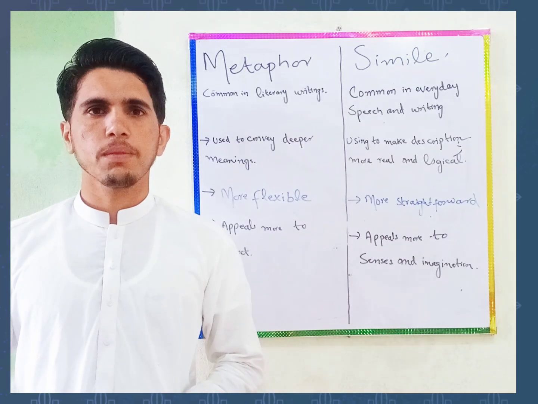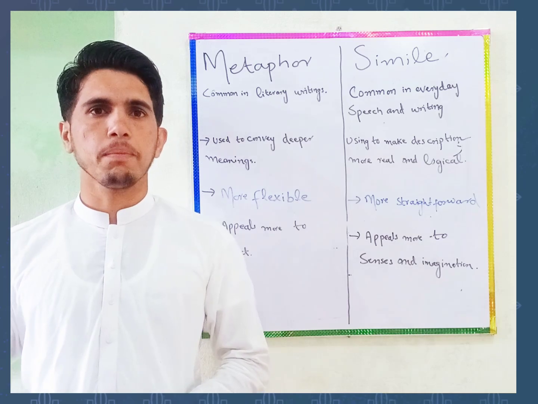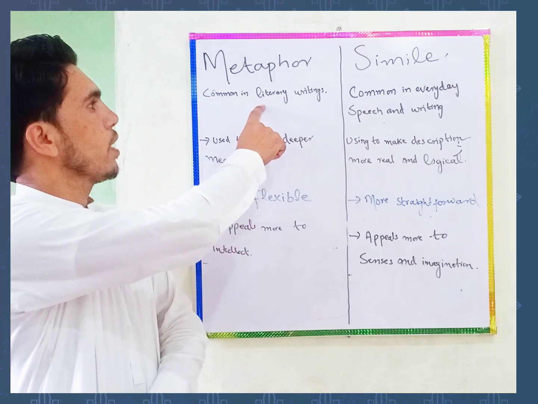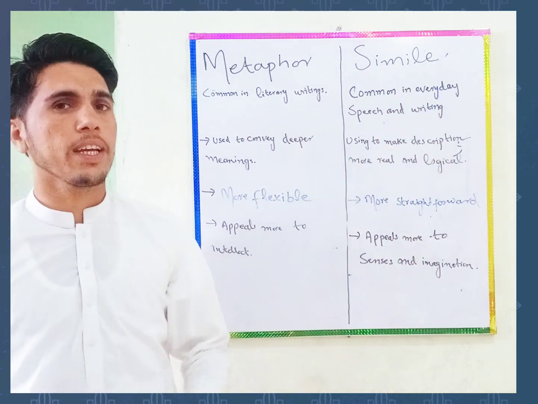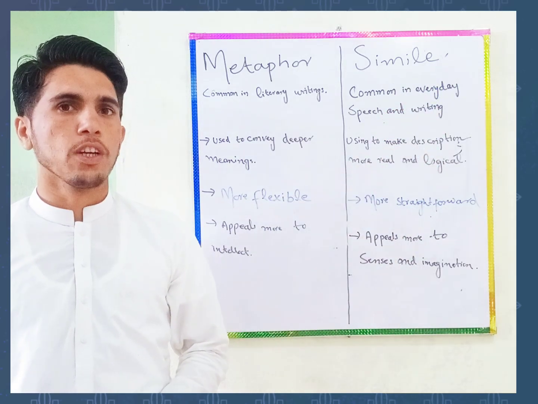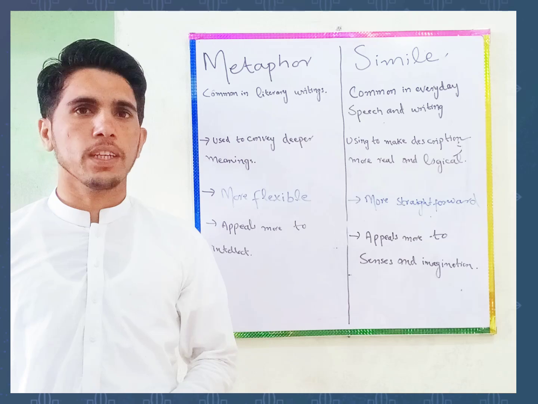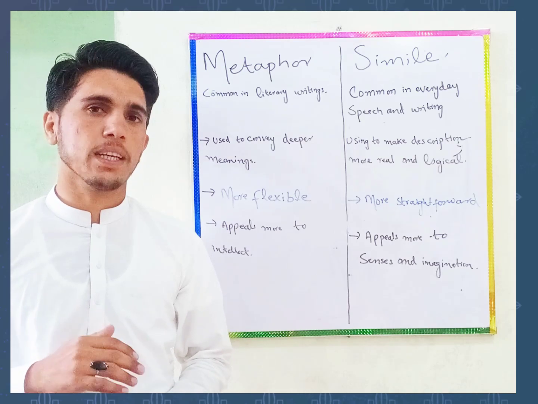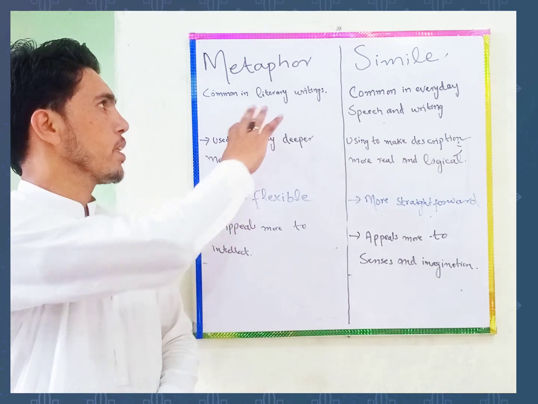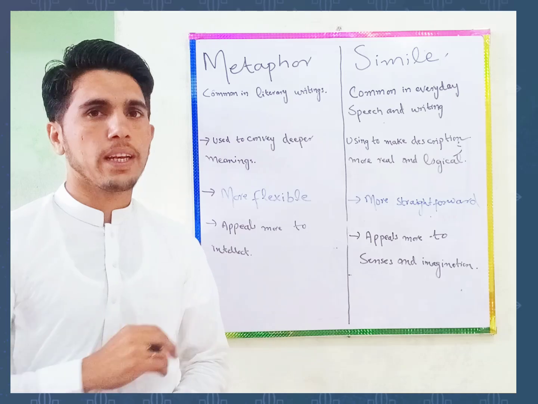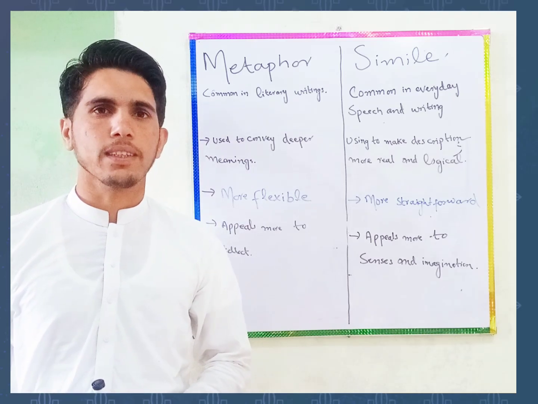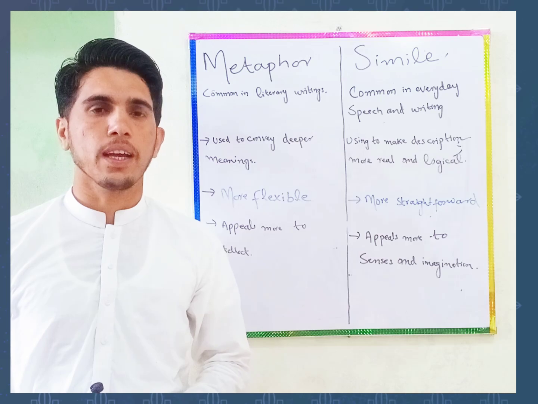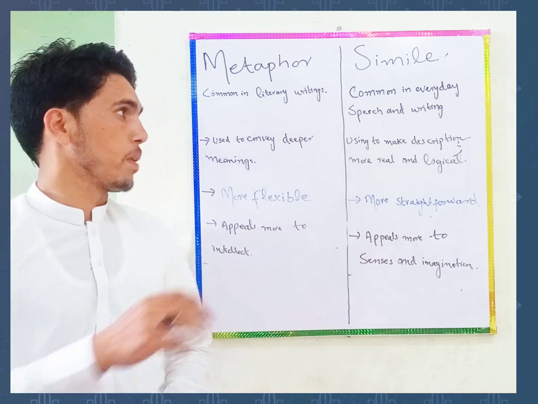So another difference between simile and metaphor is that metaphor is common in literary writing, while simile is common in everyday writing and speech. This makes it clear that metaphor is mainly used in literary writing such as poetry, novels, dramas, while simile has its uses in common everyday language and speaking.